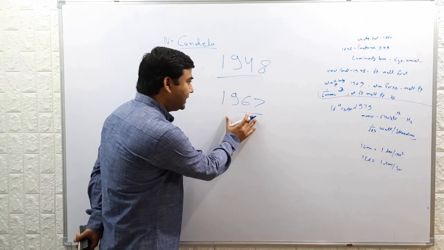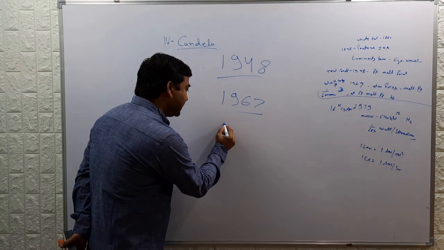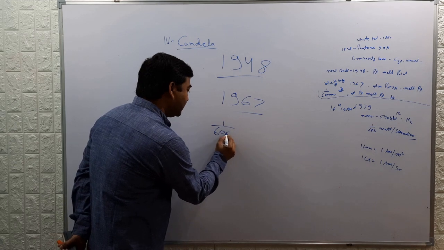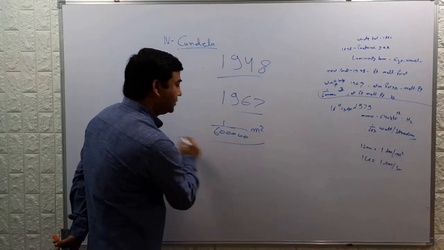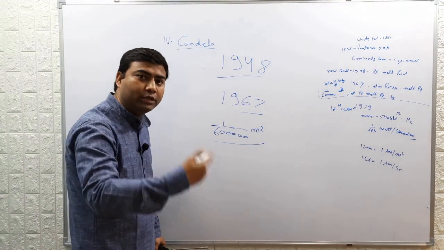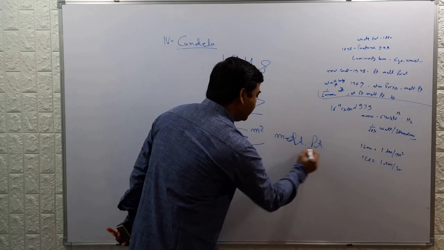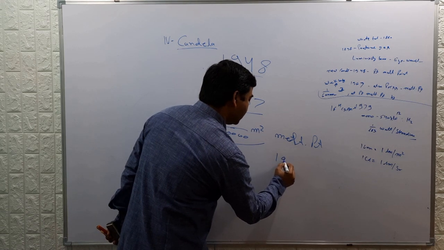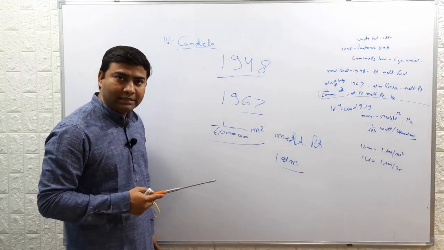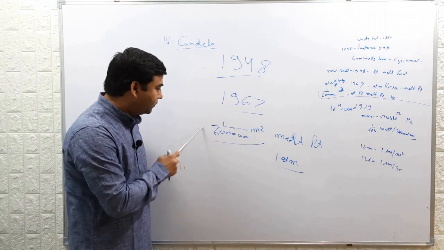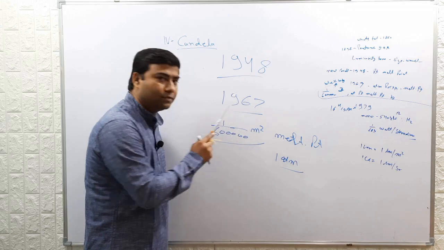It defined 1 candela as luminous intensity from 1 by 6 lakh meter square area of a black body at the melting point of platinum at 1 atmospheric pressure.